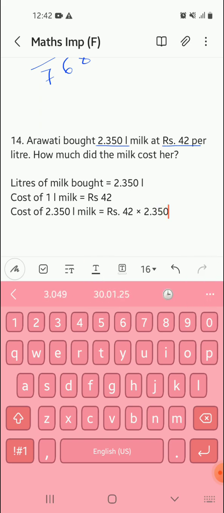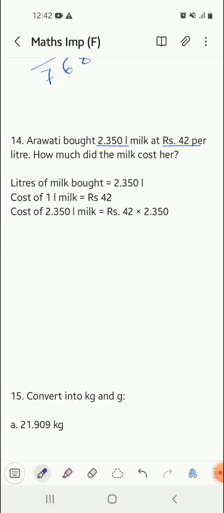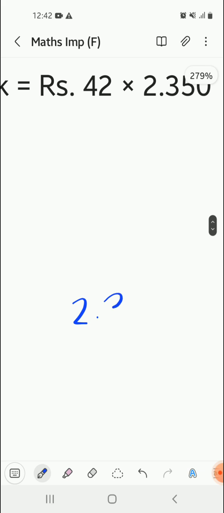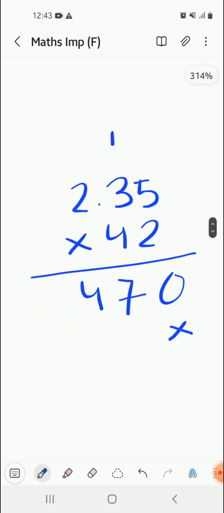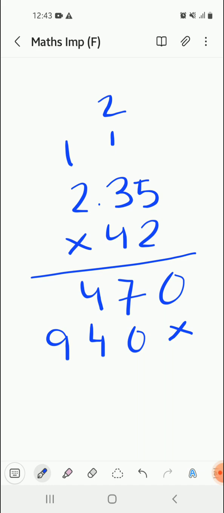If we multiply it, let's do it. 2.35, let's omit the 0 for now, just multiply it with 42. We get 5 into 2 is 10, 3 2s are 6 plus 1 is 7, 2 into 2 is 4, then 4 5s are 20, 4 3s are 12 plus 2 is 14, 4 2s are 8 plus 1 is 9.